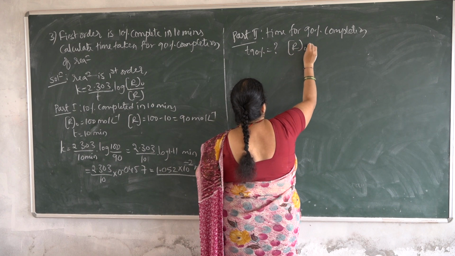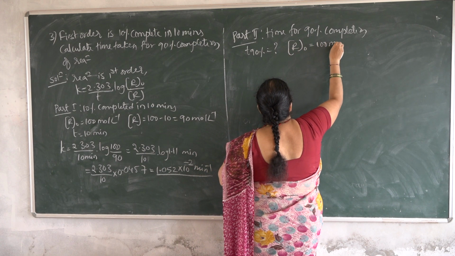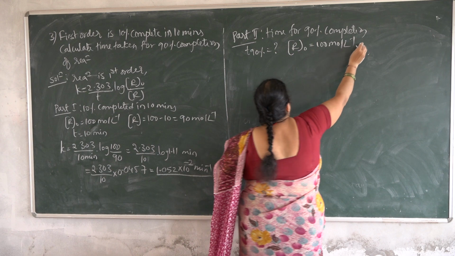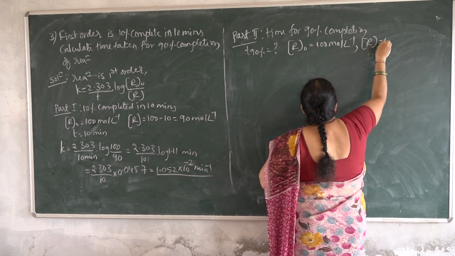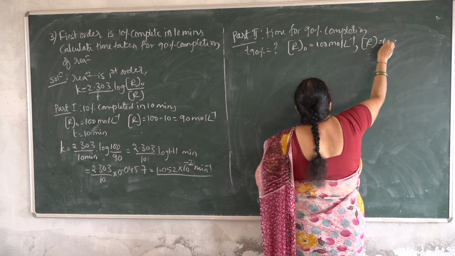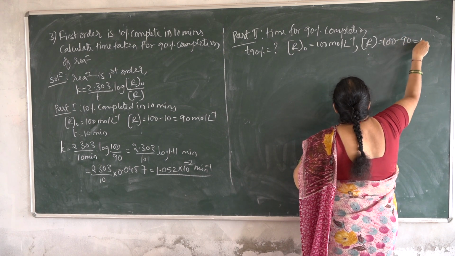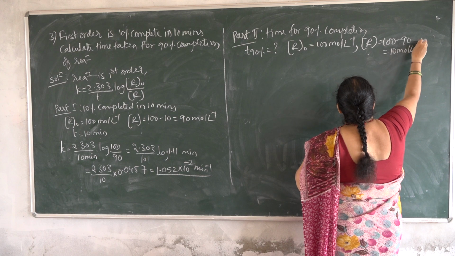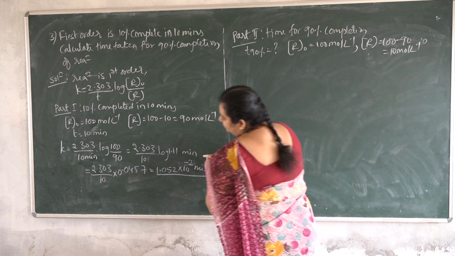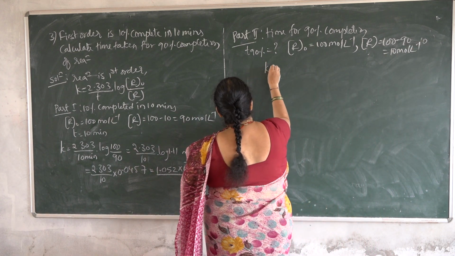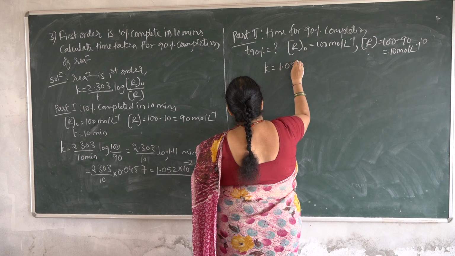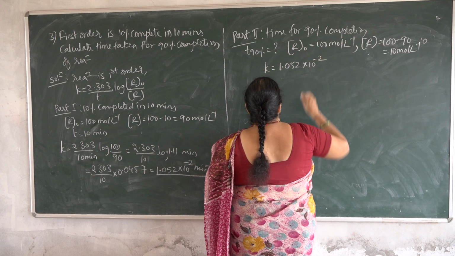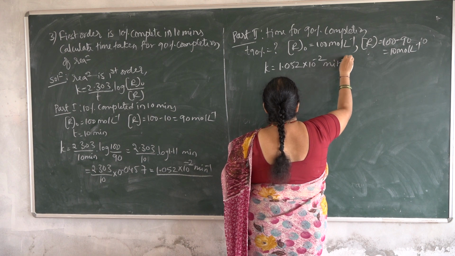Concentration of R0 is equal to 100 moles per liter. Then concentration of R is equal to 100 minus 90, which is 10 moles per liter. In the first part I have just calculated the value of K, 1.052 into 10 raised to minus 2 minute raised to minus 1.